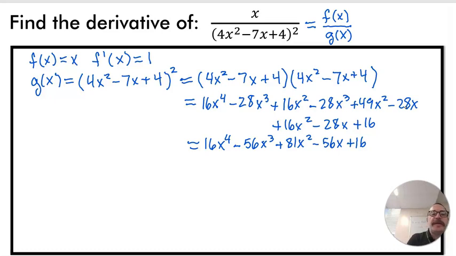So remember, I haven't differentiated anything yet. That's still just g of x. But now that I've got it in this nice polynomial form, the derivative's no problem. So for its derivative, we would have 64 x cubed. 3 times 56 is 168.